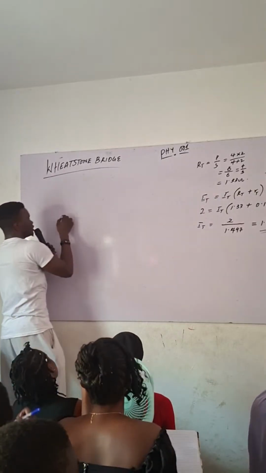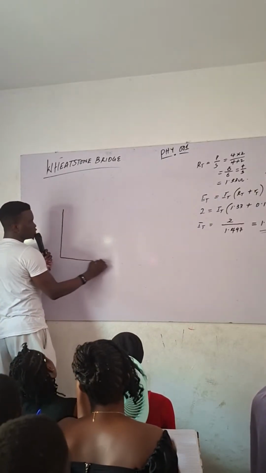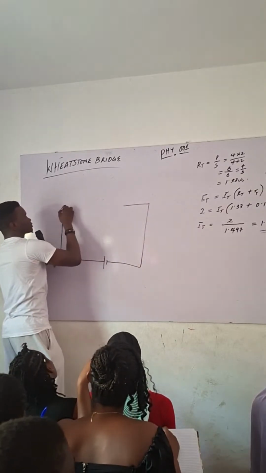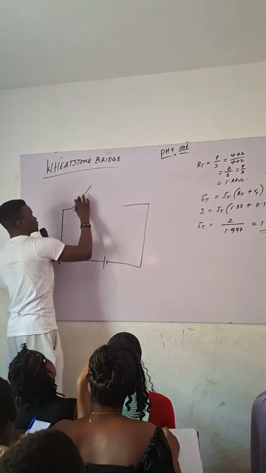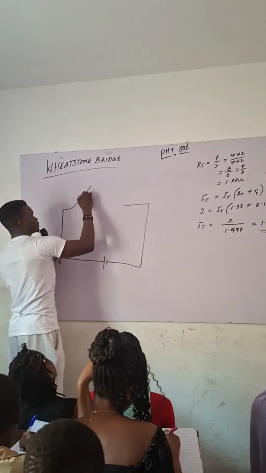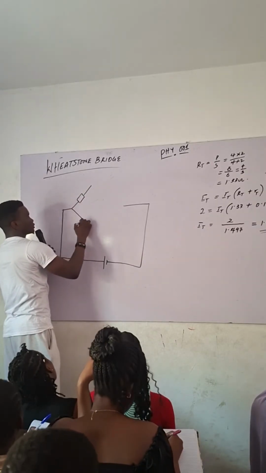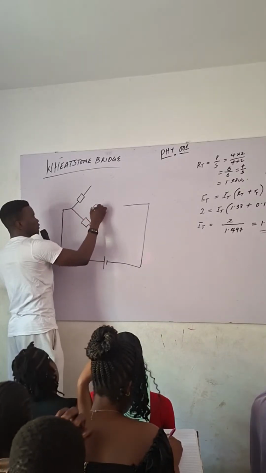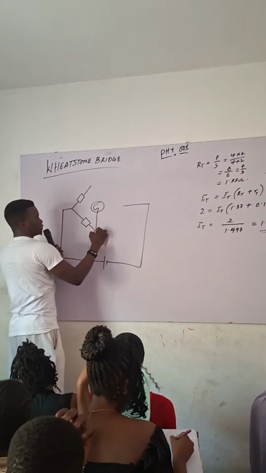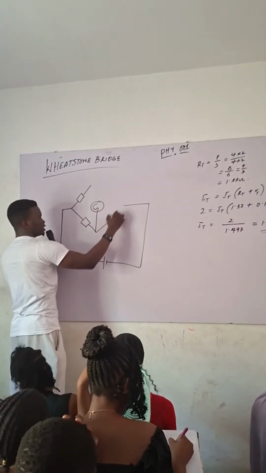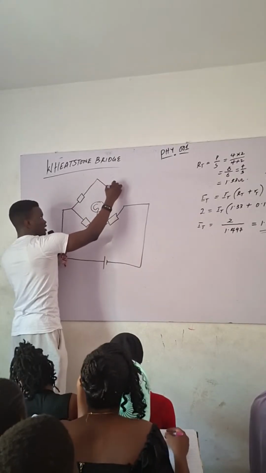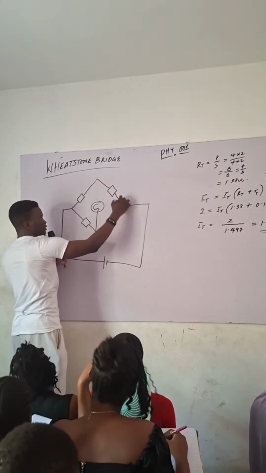Now, this is how the diagram looks in physics. It's because of those at the back that I'm making it bigger. You have to make it so big in your notes.